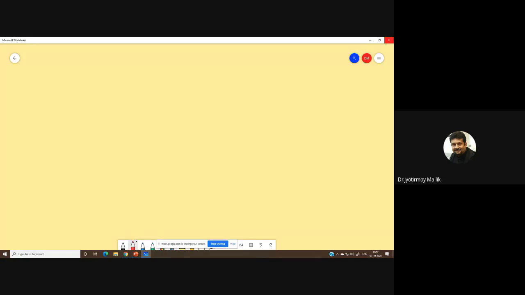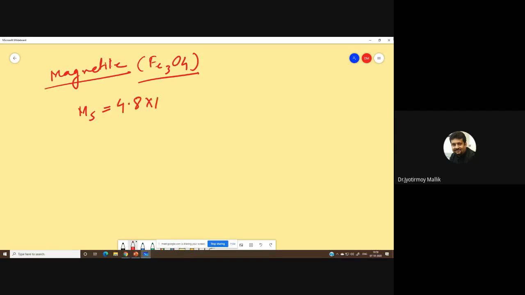For magnetite, which is Fe3O4, the MS is 4.8 into 10 to the power 5.